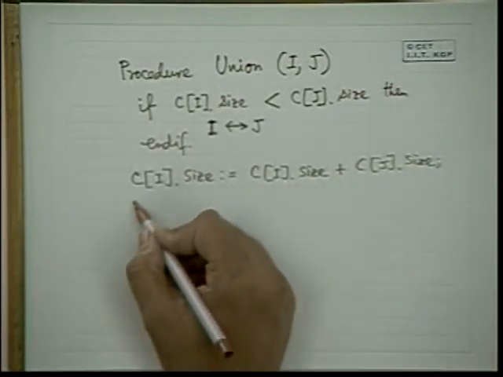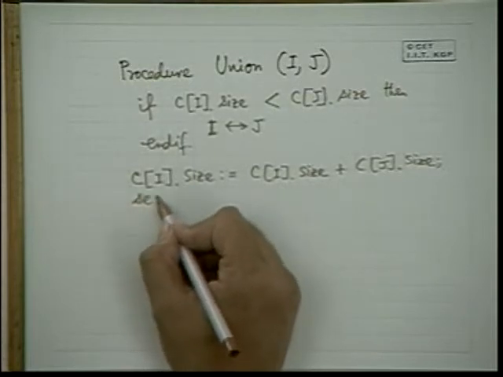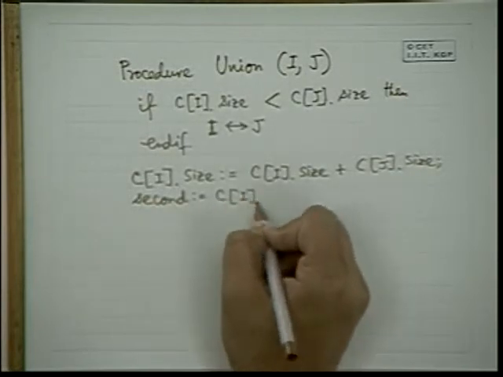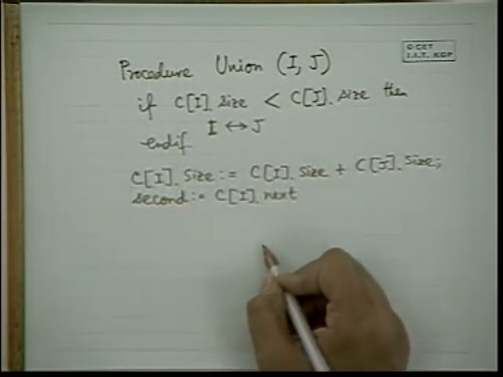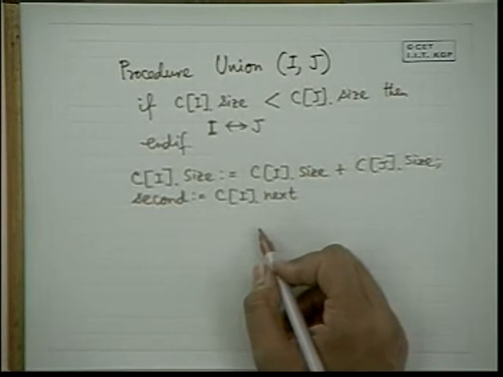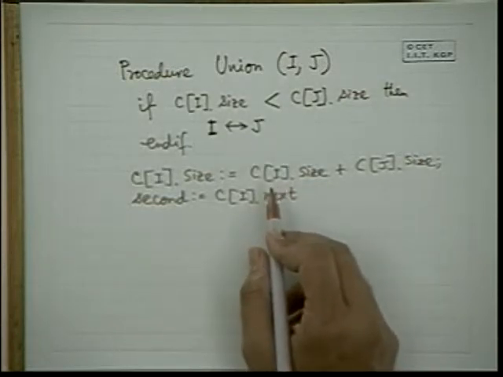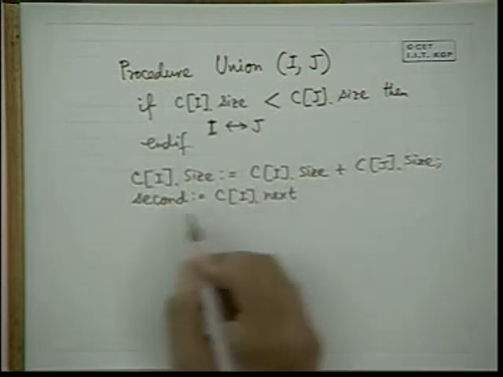Here I am going to change the names for all the elements in the set j. For this I need to do this. So second is Ci.next. Ci.next will tell you the next element going from its representative element. That is the pointer, so second is there, that's why it is called second.